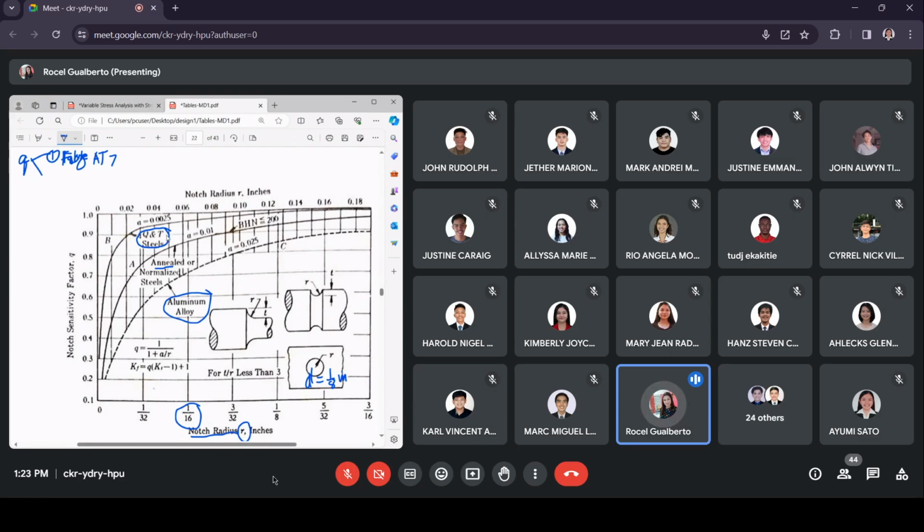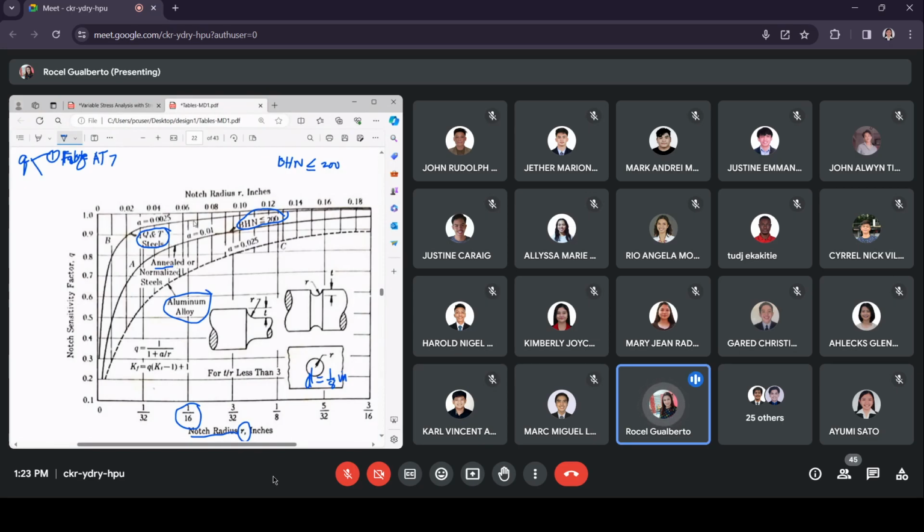What if it is not stated as quench and tempered or annealed or normalized? Then you look for its BHN. If BHN is less than or equal to 200, you use the curve for annealed or normalized.